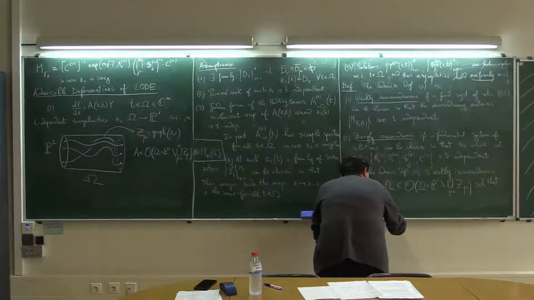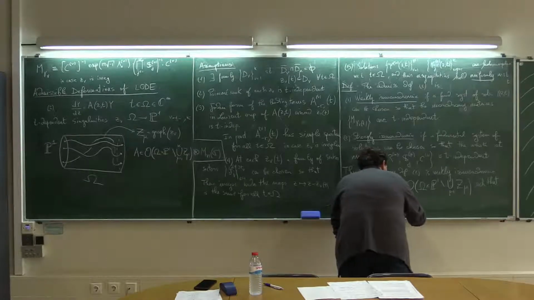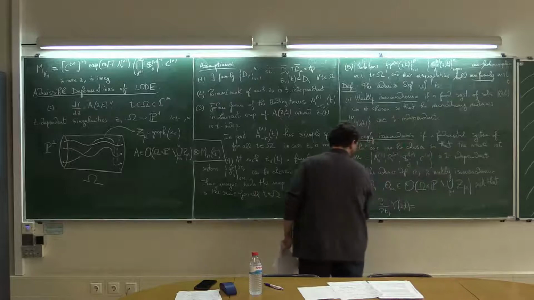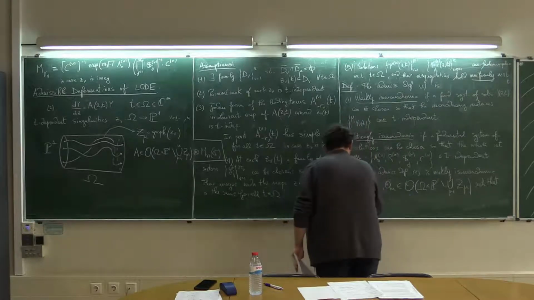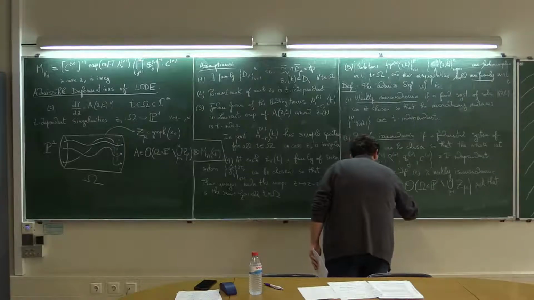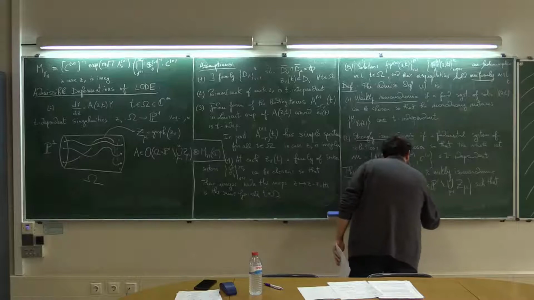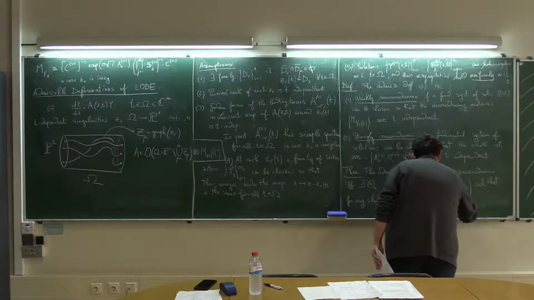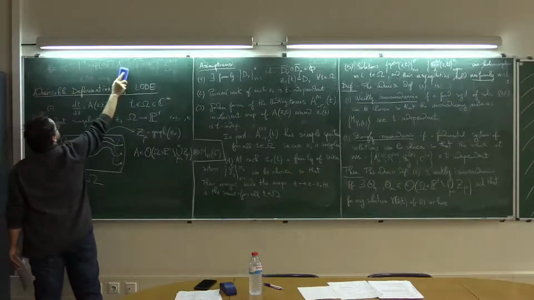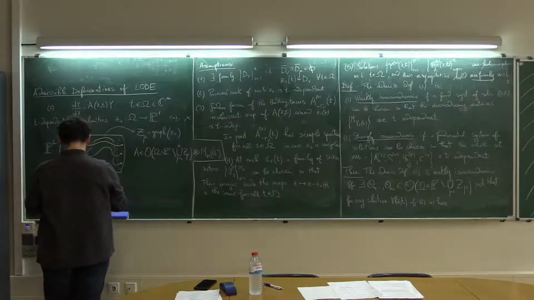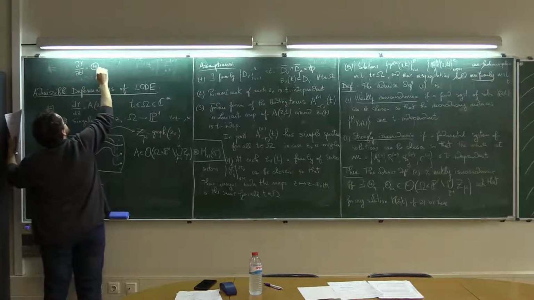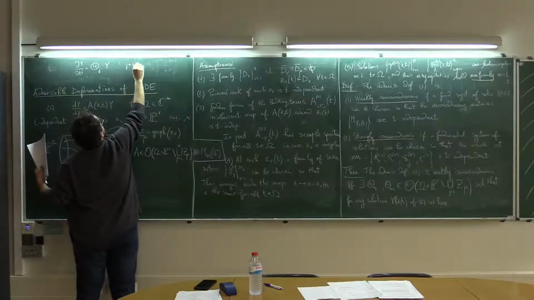Such that for any solution y(z,t), we have the following set of equations. dy over dt_j equals theta j times y, j from 1 to m.